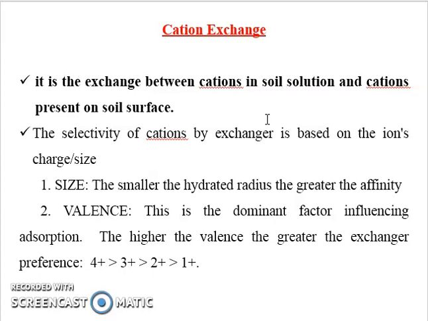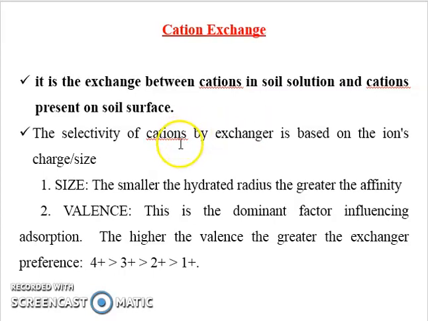The cation exchange is the exchange between cations in soil solution and cations present on the soil surface. As you know, soil has a negative charge, consequently it absorbs or exchanges positive charge, which is found on cations.